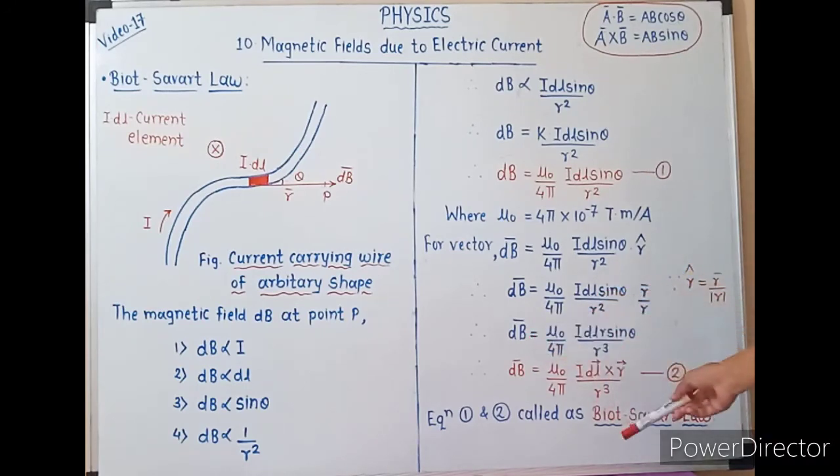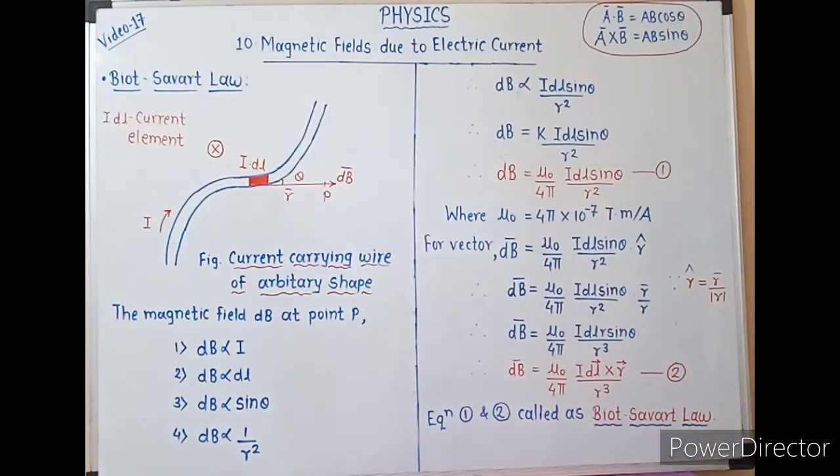So dB bar is equal to mu 0 upon 4 pi I dl into r bar sin theta upon r cube. Here we multiplied r by r square to get r cube. So dB bar is equal to mu 0 upon 4 pi I dl r sin theta upon r cube.